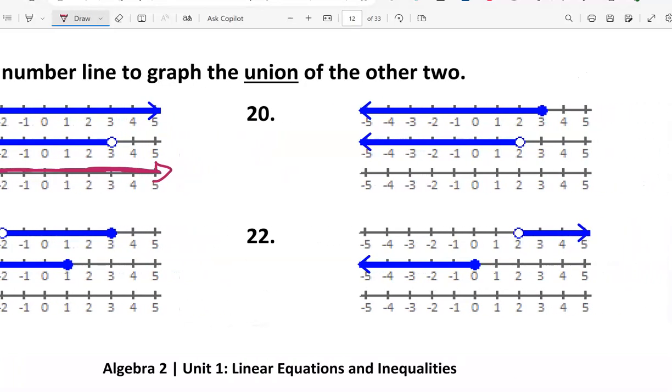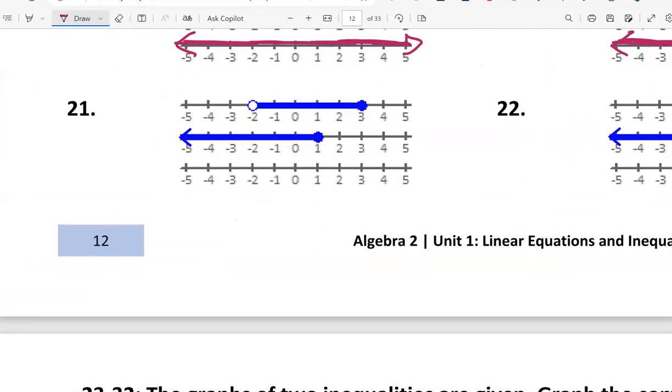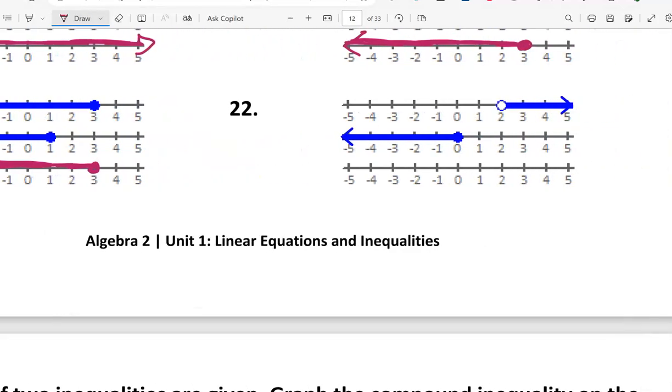In 20, everything that's graphed in one or the other is everything 3 and to the left. In number 21, the combination of the two is everything to the left of 3. We're shading anything that's graphed in either one.